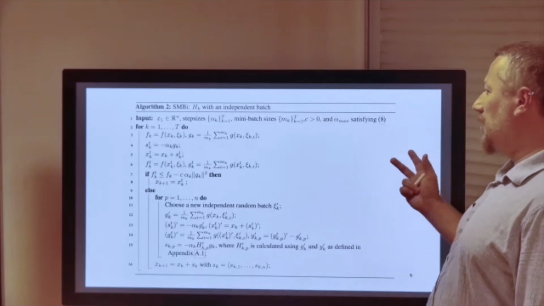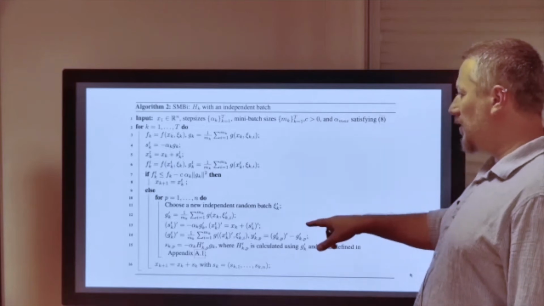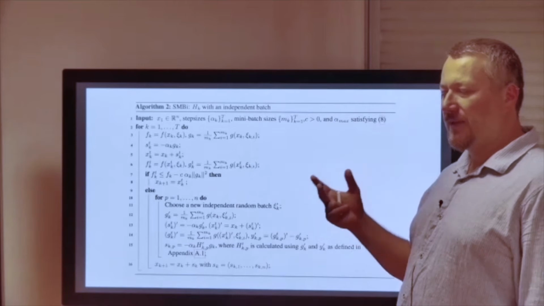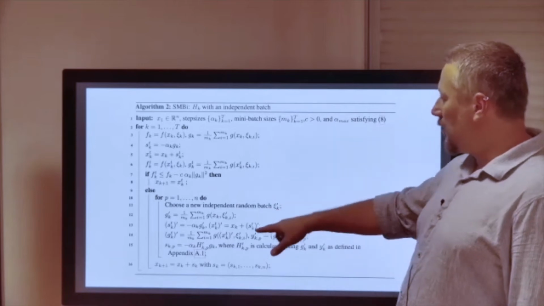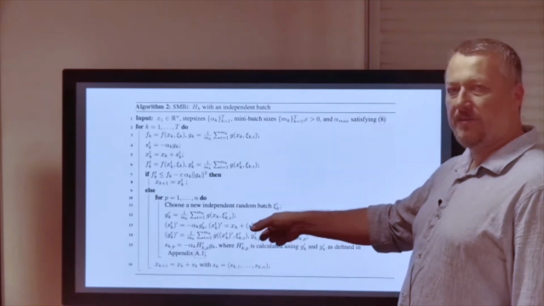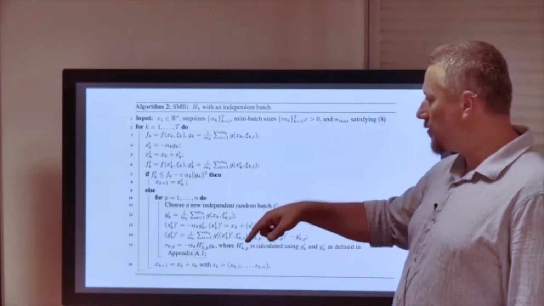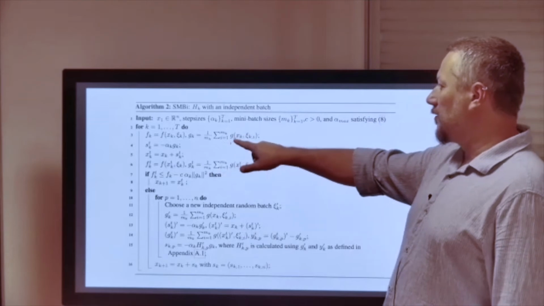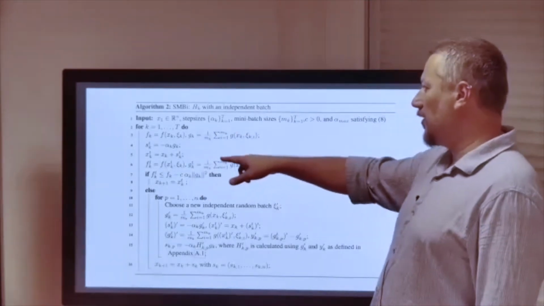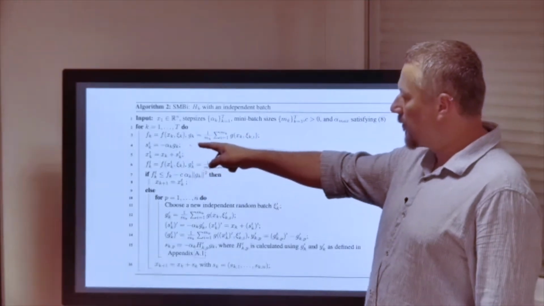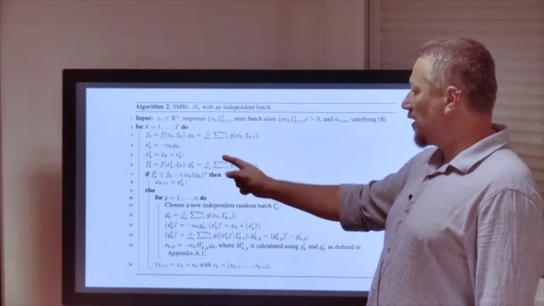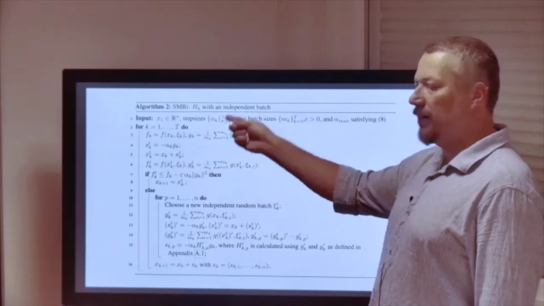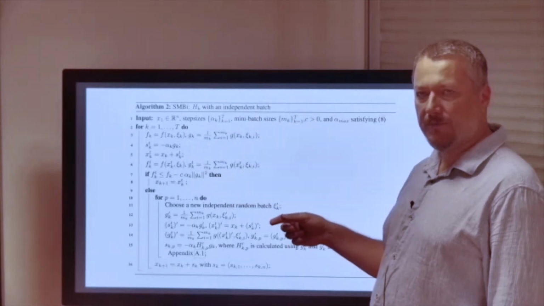So to make this convergence result work in this case, what you need to do, and you see this in other second order methods, is calculate the matrix with a new batch which is independent of the previous batch. So you choose a batch CK and then calculate the stochastic gradient and the function value there, take the stochastic gradient step, and then check if it satisfies the Armijo condition.